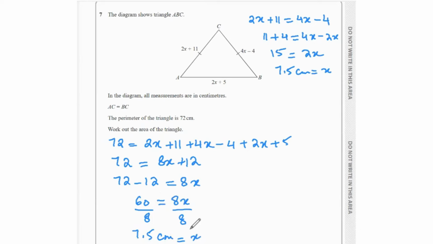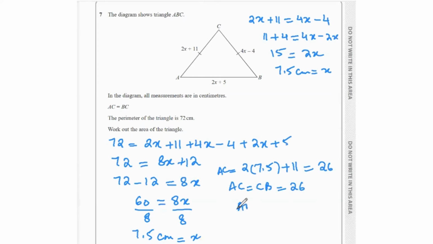So now that we've calculated the value of x, we can just substitute that into the expressions. So 2 times 7.5 plus 11 is going to be 26. That's AC. Since AC is equal to CB, CB is also 26.